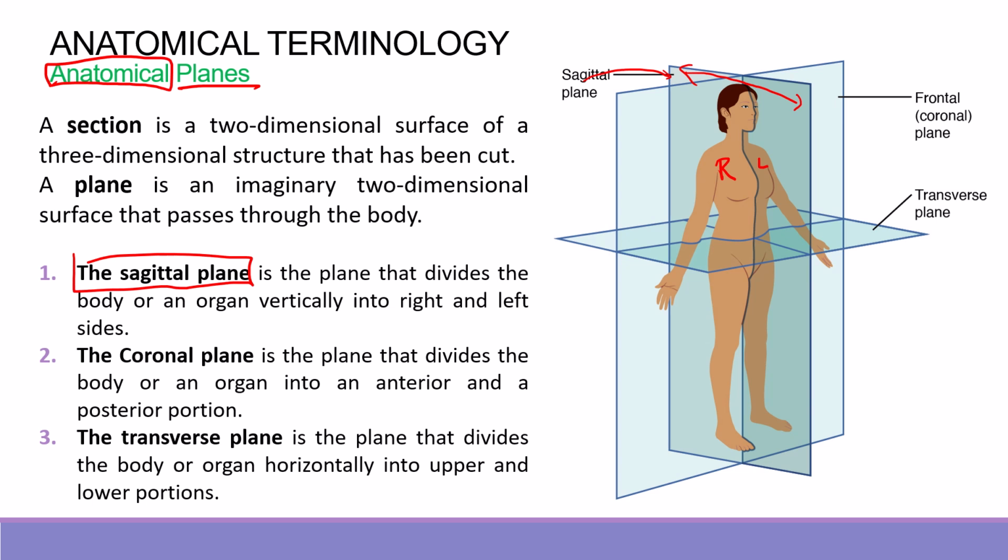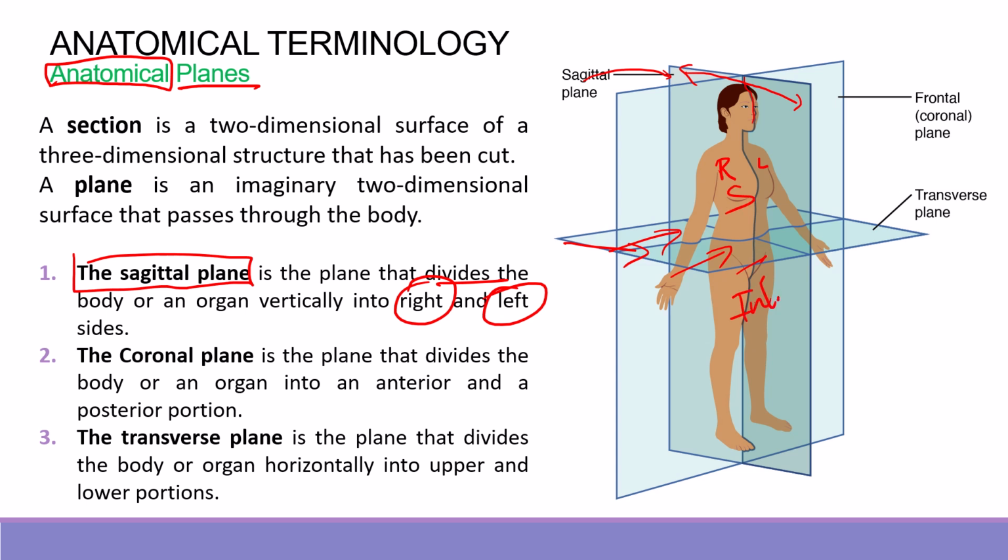Just think about this eye: that will be the right eye, and this will be the left eye. So a sagittal cross section divides the body into right and left. A transverse cross section is a section that will divide the body into superior and inferior.